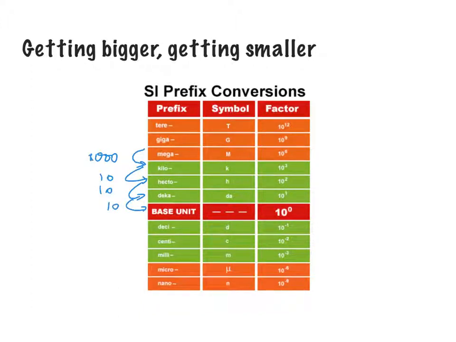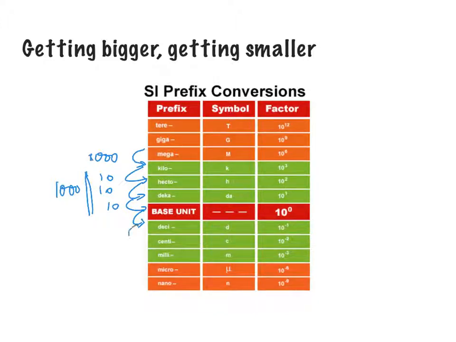So this means that going from a kilo, so like a kilogram or a kilometre, to a gram or a metre, we find that we have a difference of 1,000 also. Then as we get smaller, we also use this. So 1/10 of a unit is called a deci. So 1/10 of a metre would be a decimetre, 1/10 of a gram would be a decigram. Not very often used.